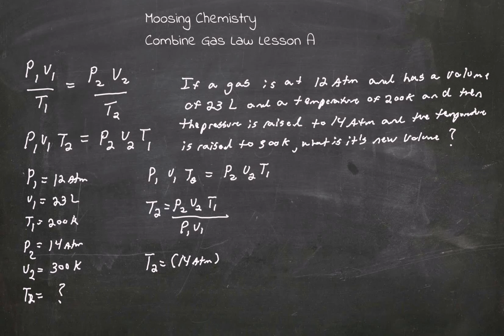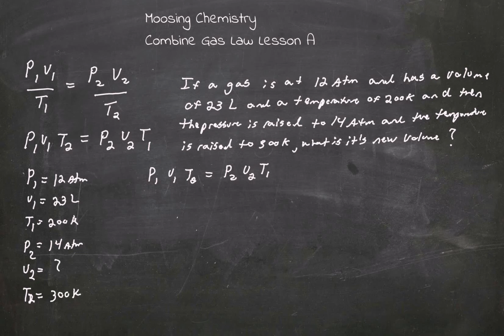Interesting. So I set this problem up wrong. Sort of. Well, we can fix it real quickly. So let me go ahead and erase this real quick. I was solving for temperature when I should have been solving for volume. That's why you've got to take it carefully. So let's move this to volume here. That's what threw me off. So the second temperature is 300 K and the volume is unknown.